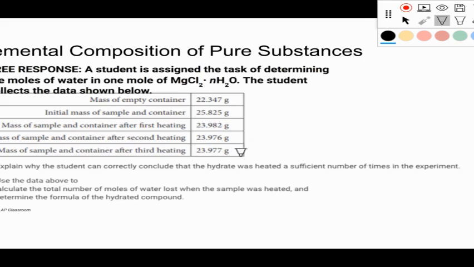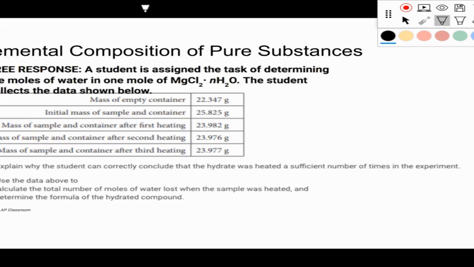We're going to subtract our last heating from it. So we're going to subtract the 23.977, because this is after all the water has been driven off, and that's going to give me my number of grams of my water, because this has water, this has no water. That's the whole point of these steps.